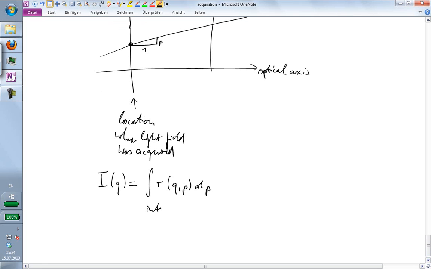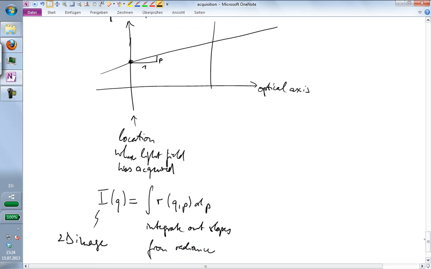So here we integrate out the slopes from our radiance. And this gives us a classical 2D image. But now we want to refocus our 2D image to a different location of our sensor plane.